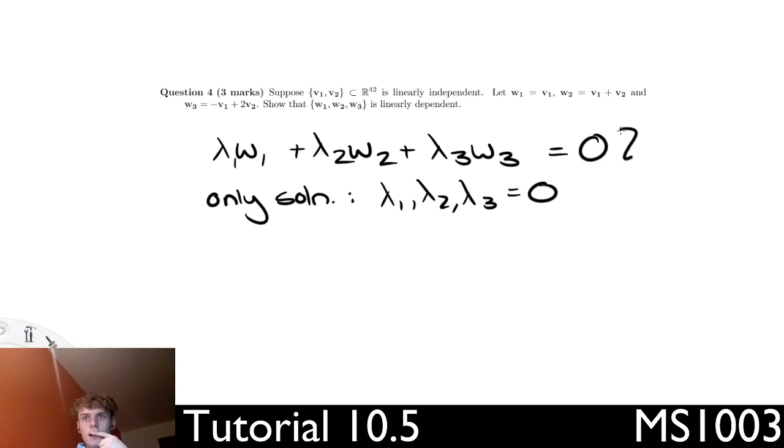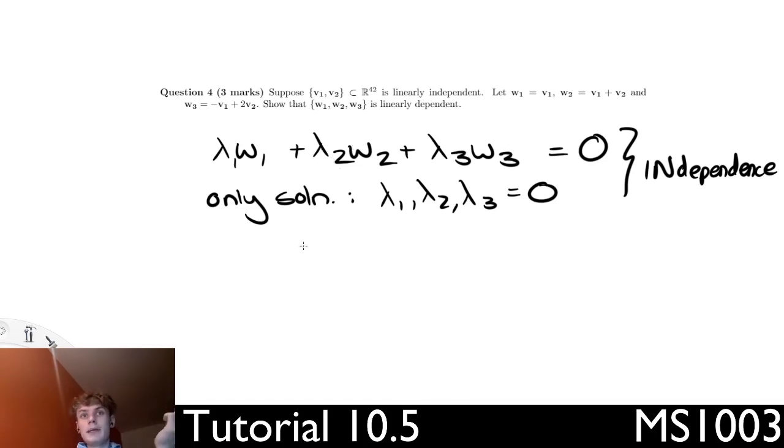This is independent. The vectors are independent of each other. You can't add them together to make 0 unless these lambdas are all 0, which is trivial, of course. If lambda is 0, it's going to be equal to 0. There's no other way to do it, though.